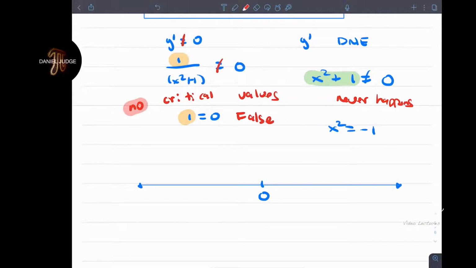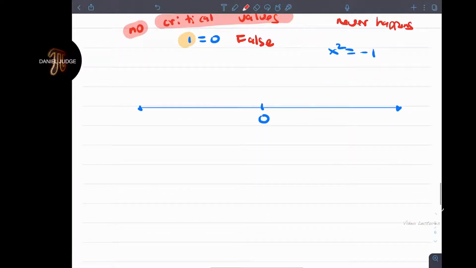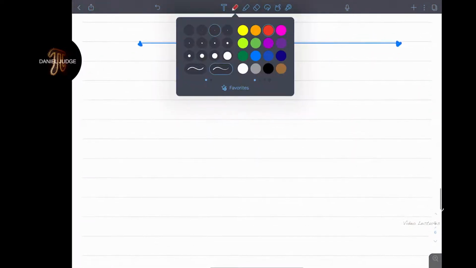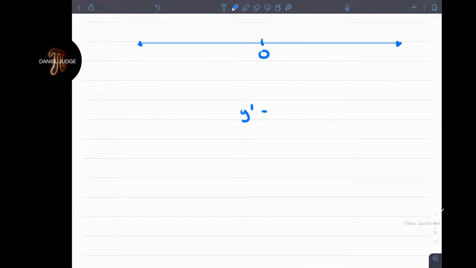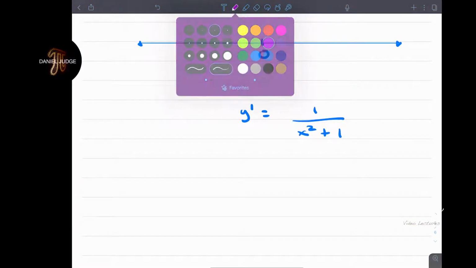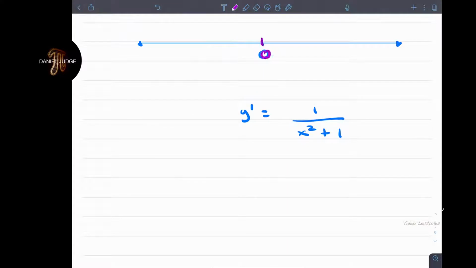And we want to know what this means then, right? Since the first derivative is 1 over x squared plus 1, you give me any test point, and it doesn't matter what the test point is. I'm going to use 0 here. If I plug in 0, notice I get a positive answer: the first derivative is 1 over 0 squared plus 1.